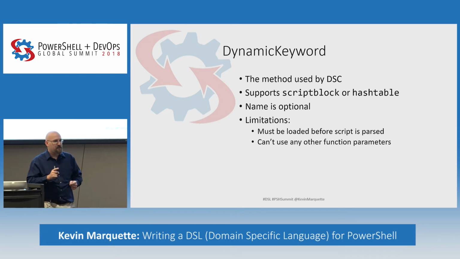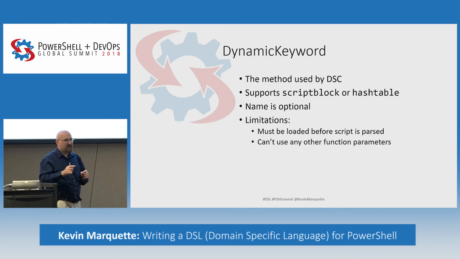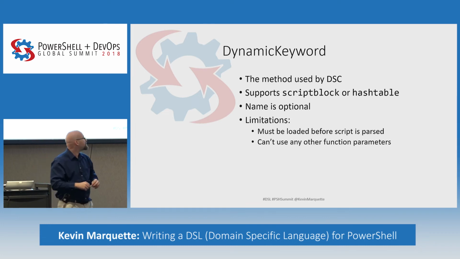But there are gotchas. And the first one is that it has to kind of exist before the script is parsed. So if you have a script where you're using it and you try to dot source your dynamic keyword logic into it, it's going to fail because it's going to parse your script first before it goes to the dot source. Very similar with classes, you kind of run into those same nuances.